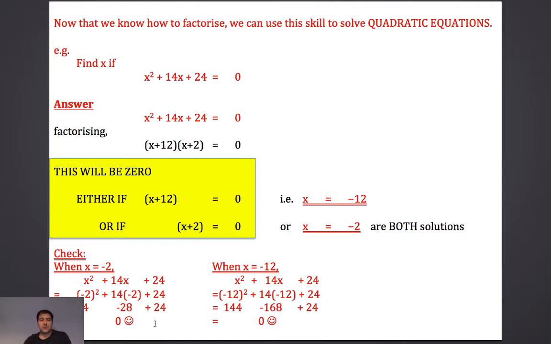So far so good. And then when x equals minus 12, so you've got x squared plus 14x plus 24, which is minus 12 squared plus 14 times minus 12 plus 24, which comes out to 144 minus 168 plus 24, which is 0. So that's exactly what we were expecting to happen.